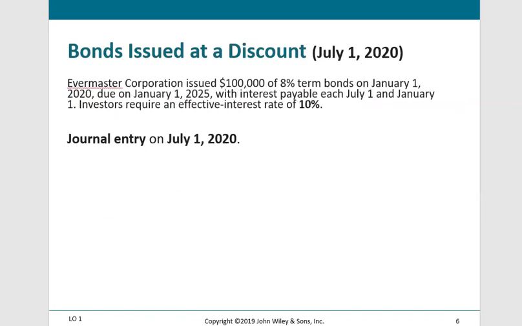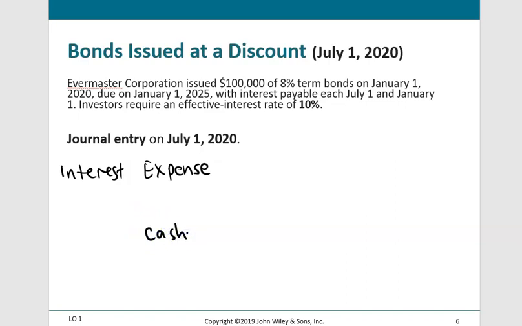The next journal entry that's going to be required is on July 1st, the next interest payment date. And at that time, of course, we're going to have a debit to interest expense. We're making a cash payment for interest, so of course we're going to credit cash.